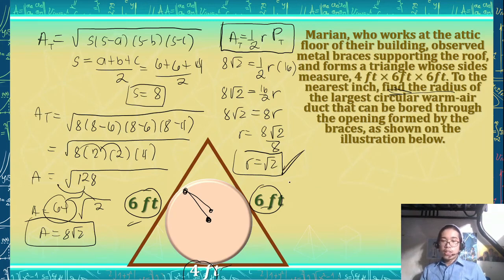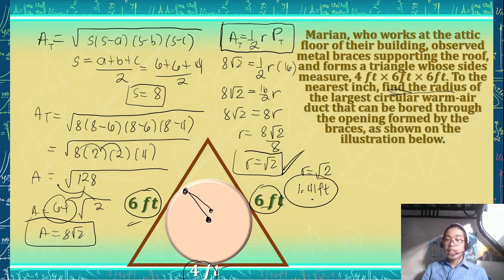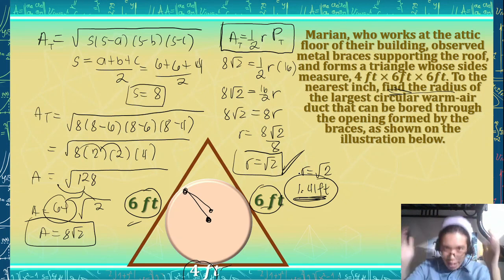So R is equal to the square root of 2, or if we use our calculator, that's 1.41 feet. That's the maximum radius of the circle that can be inserted through the opening for this problem. And that's how we solved it.